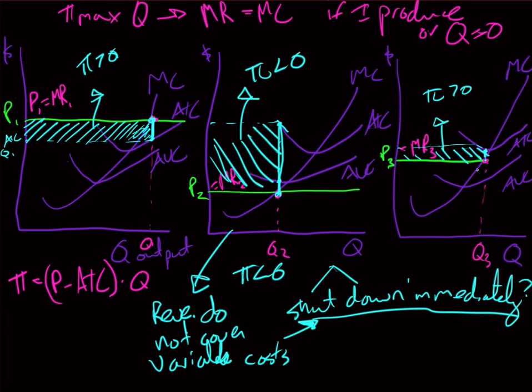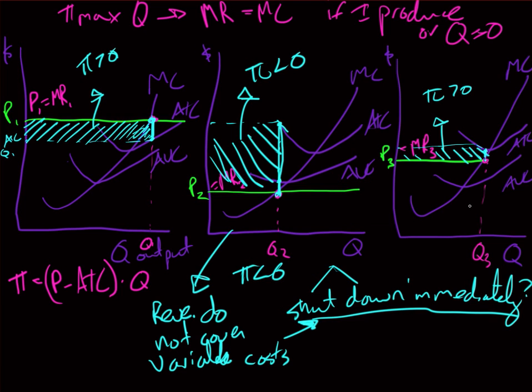Whereas in this situation that we have here, I am making losses, yes, but if I compare my revenues to my variable costs, this would be the situation where I could hire someone to come work for me. I open up an extra day and in the day I have $100 worth of expenses based on this worker and other things, and I'm making maybe $150 worth of revenue for that extra day of work.